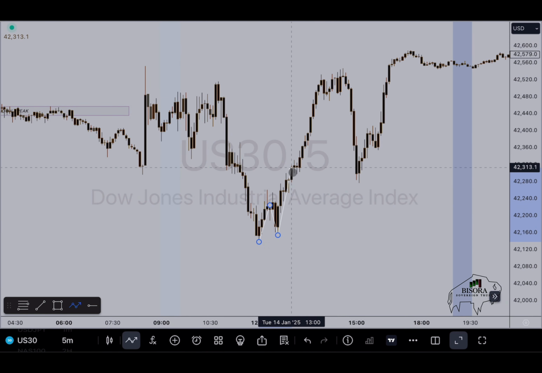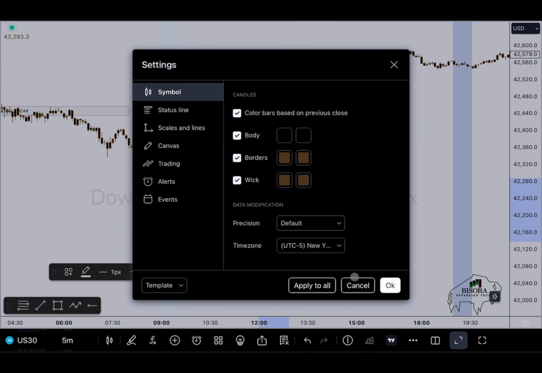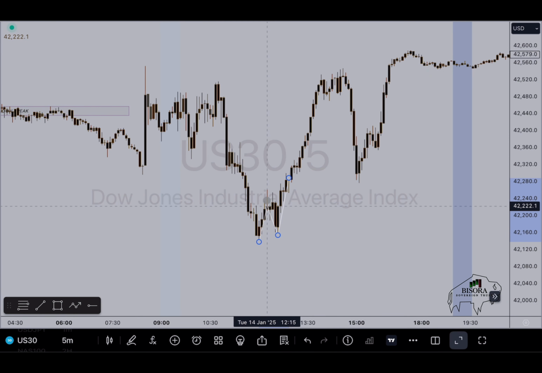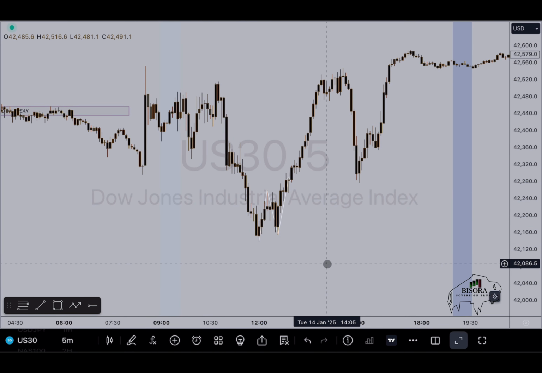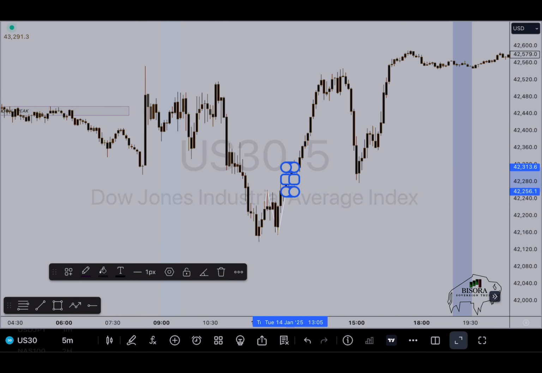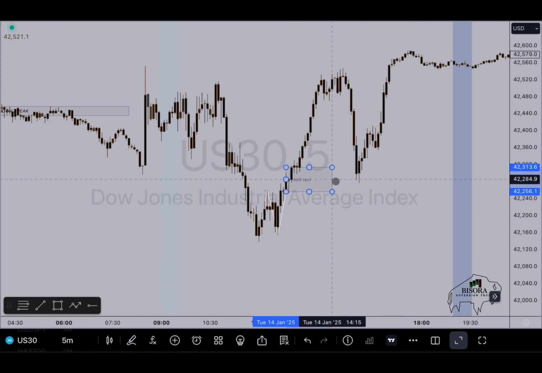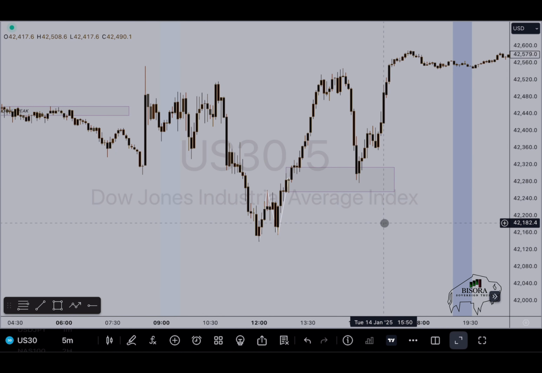That's not the high. We had our pendulum form, and if we highlight our pivot, we can see that the market did move away.